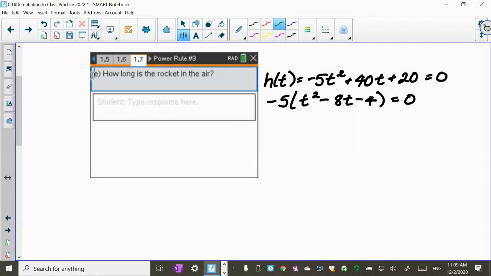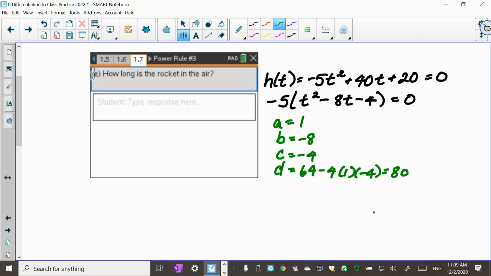So when I stacked and racked, I had a was 1, b was negative 8, c was negative 4. When I did b squared, 64, minus 4 times a times c, I got 80.